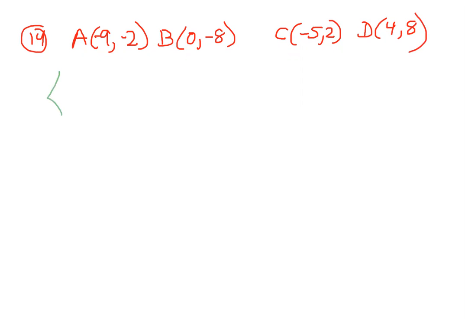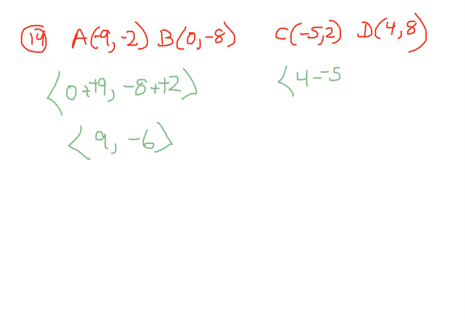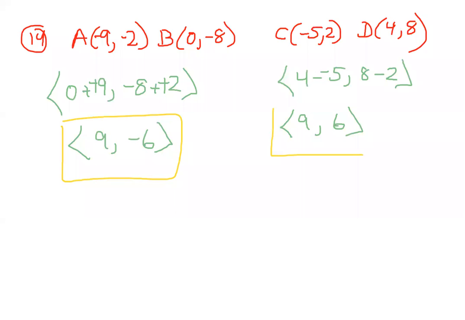AB is terminal minus initial, so we get (9, -6). Over here, terminal minus initial, and we get (9, 6). They are not the same. So that means AB does not equal CD.